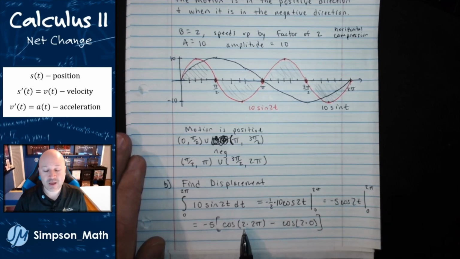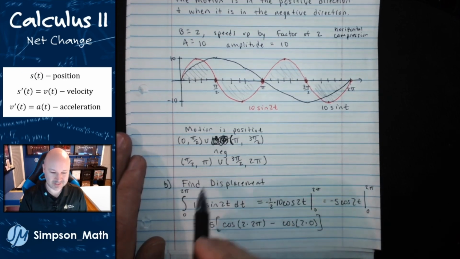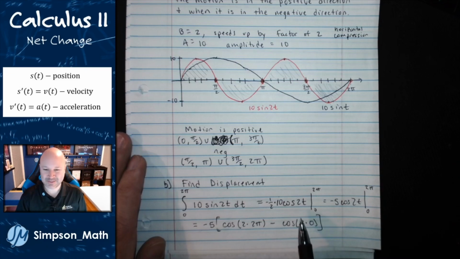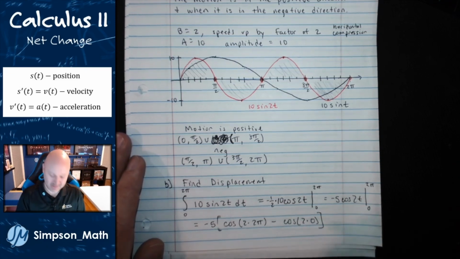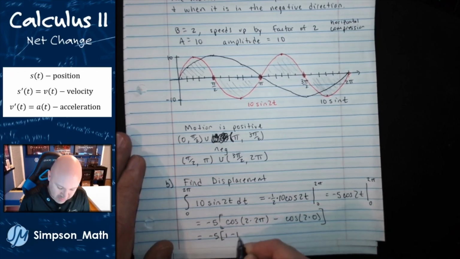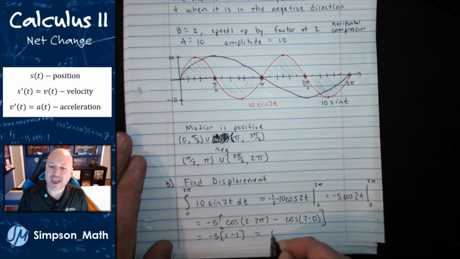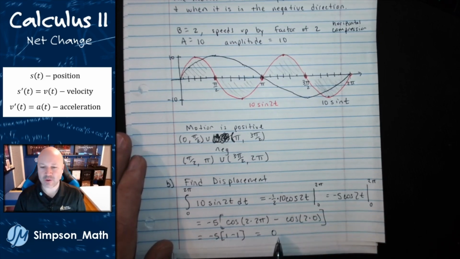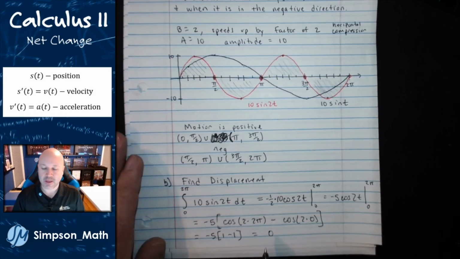Well, cosine 4 pi is 1, and then cosine of 0 is also 1. So I have negative 5 times 1 minus 1. Oh yeah, 5 times 0, and that's that 0 I knew we should get.